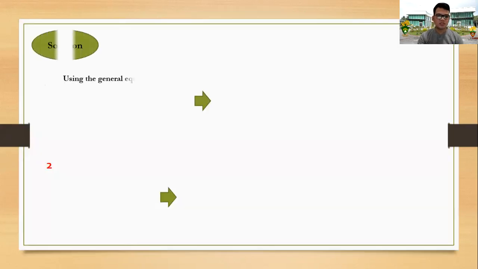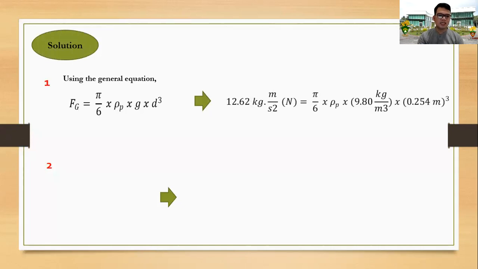In solving, using the general equation, we have identified this, which is equal to 12.62, our Fg, or 12.62 newtons. And then the formula is pi over 6, which was given already in the previous slides. Then the density of the fluid, so we used oil in this particular experiment, right?